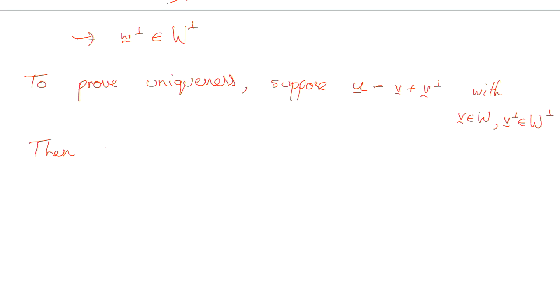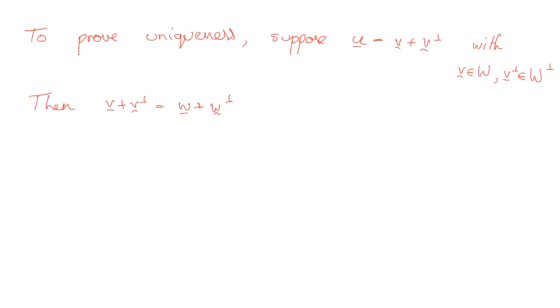It means that this V plus V perp thing equals W plus W perp because they both equal U, right? Remember, we know what W and W perp are. They're the things that we just wrote down. Okay. Now, if I just stare at this, I can take W over to the left and V perp over to the right.